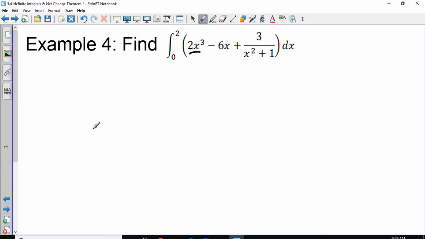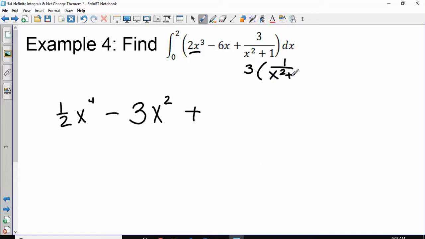Alright, so antiderivative of 2x cubed. That would go to x to the 4, so you need a 1/4 in front. 2 times 1/4 is 1/2. Minus antiderivative of 6x, so it would have to go to a 1/2 x squared, so 1/2 times 6 is 3. This is like 3 times 1 over x squared plus 1.